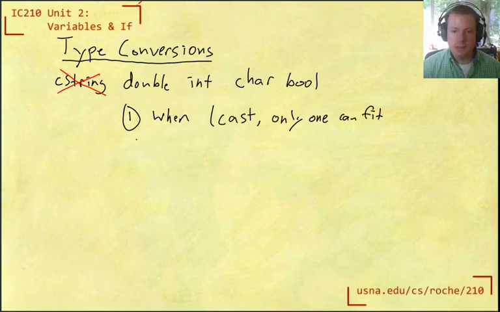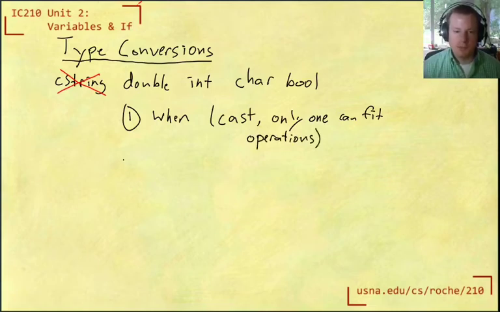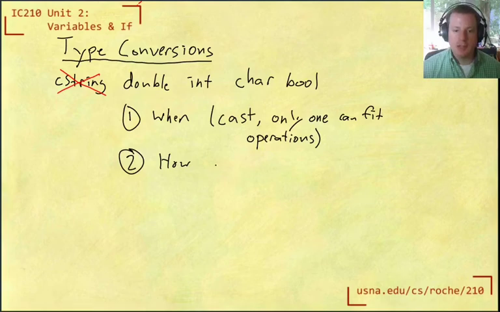So when there's a circumstance when only one type could possibly work, then the compiler will try to force that in. And then the most complicated one is with operations, like, let's say when you're adding two things of different types. So we'll first look at that one. And then we'll look at the how. How does C actually do type conversions between these four different types?